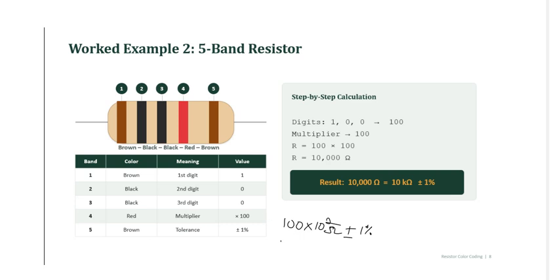That will give us 10,000 ohms. So 10,000 ohms is the nominal value. Then you now bring in the tolerance value, which is plus or minus 1%.